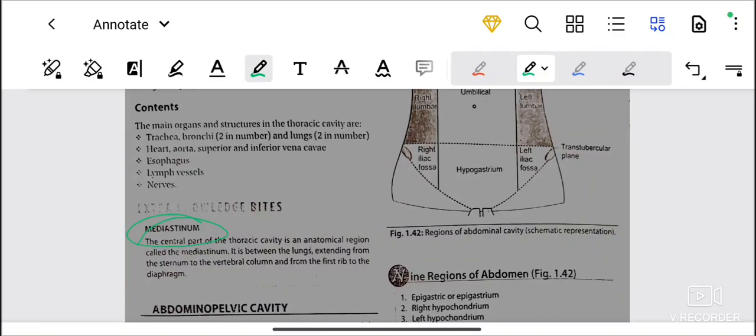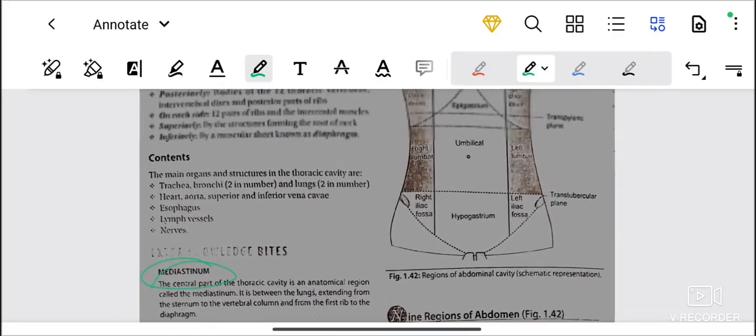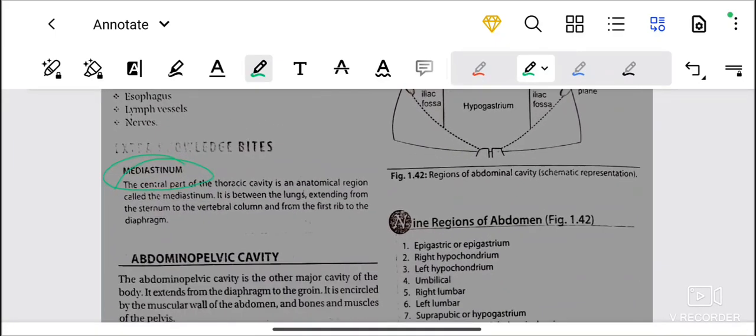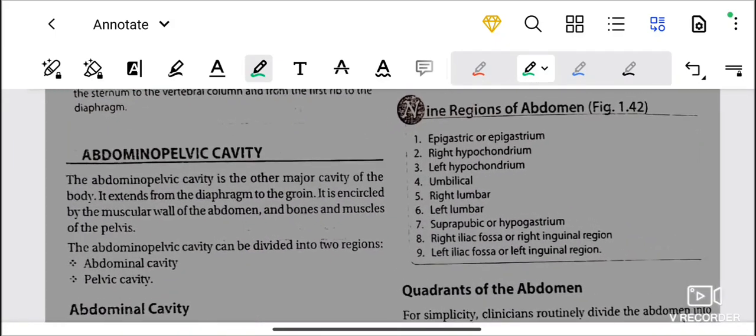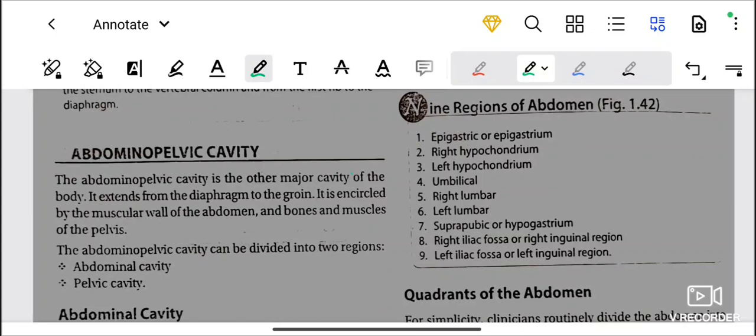The next section is the abdominopelvic cavity. The abdominopelvic cavity is the other major cavity of the body. It extends from the diaphragm to the groin, and it is encircled by the muscular wall of the abdomen and the bones and muscles of the pelvis.